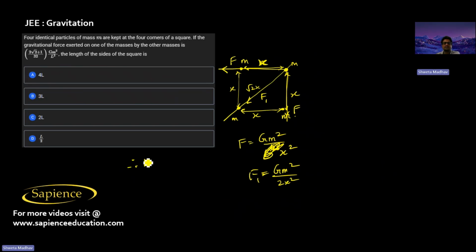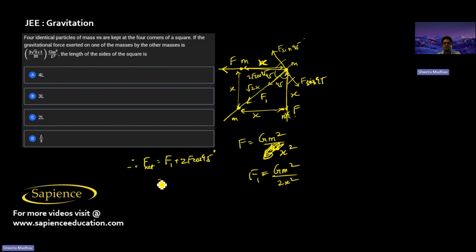Now the net gravitational force will be F1 plus the components at 45 degrees. This will be F cos 45 and also F sin 45, which will get cancelled, so it will be 2F cos 45. So the net force is F1 plus 2F cos 45.